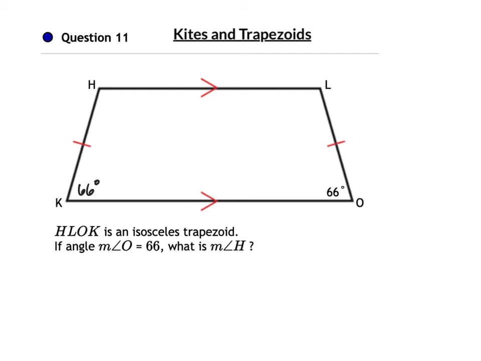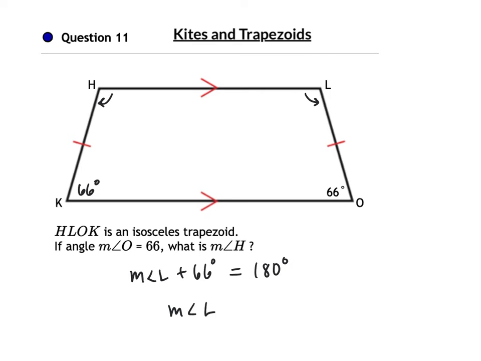If I want angle H, I need to find L or H, either one. I know that angle L and O are same side interior angles. They add to 180 degrees. That's true in any trapezoid, not just an isosceles trapezoid. The measure of angle L plus 66 degrees is equal to 180 degrees.